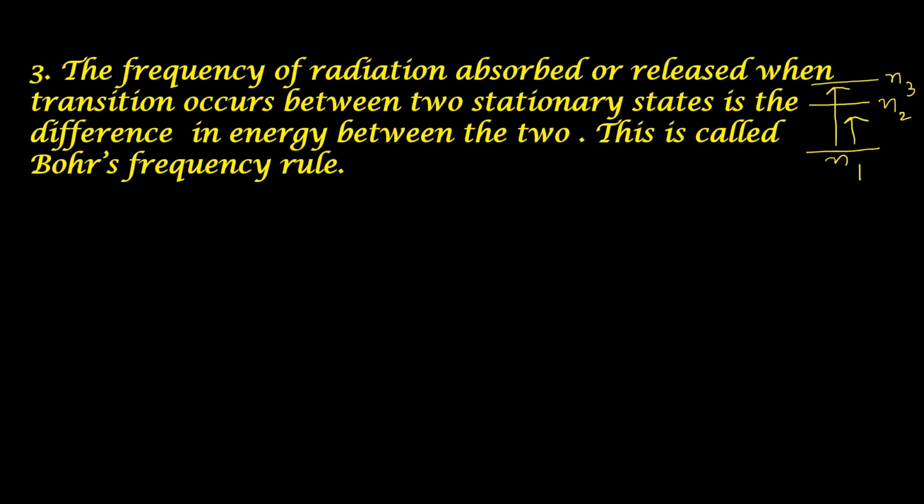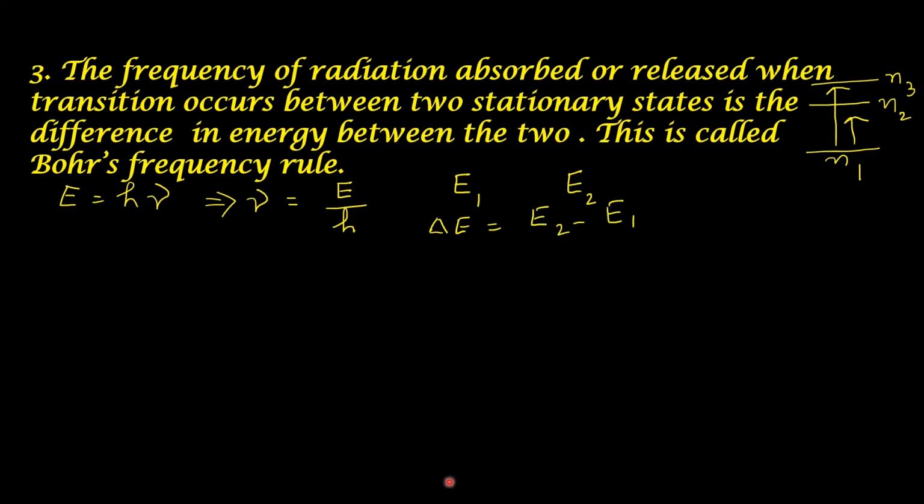What is the magnitude of this frequency? It is equal to the difference in the energy between these two stationary states. Energy is referred to here in terms of frequency. We already know the relation between energy and frequency: E is equal to h nu. So frequency nu is equal to E upon h. If E1 and E2 are the energies of level N1 and N2, then difference in energy will be equal to E2 minus E1.